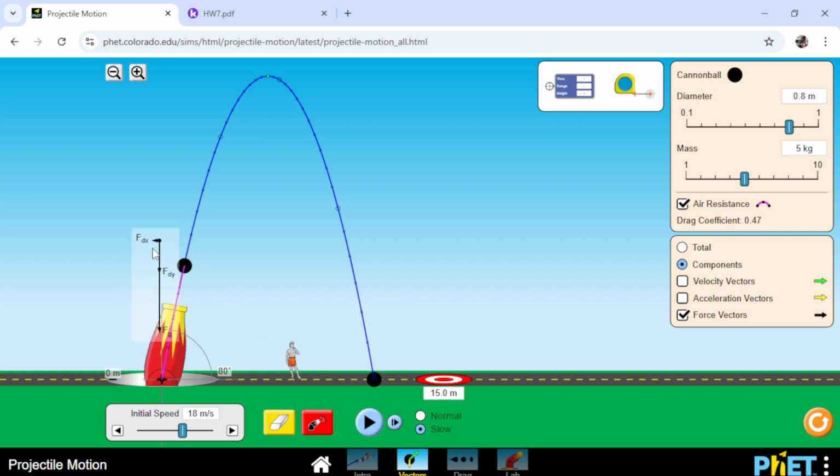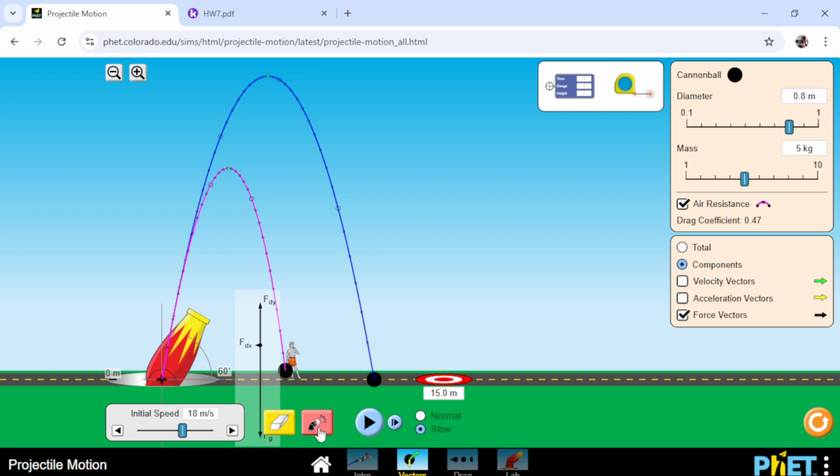As you see, we have drag force downwards and also drag force horizontally. I can show it more clearly by pressing this angle.